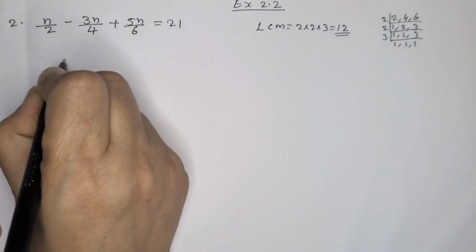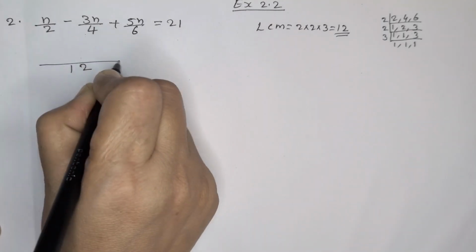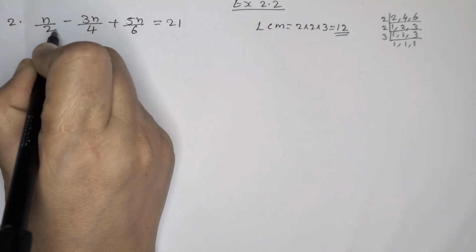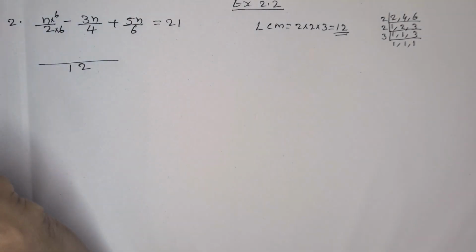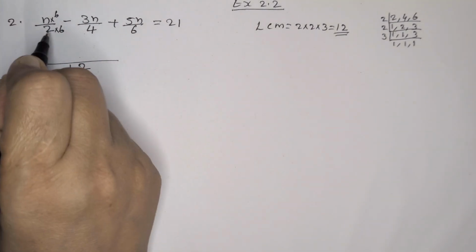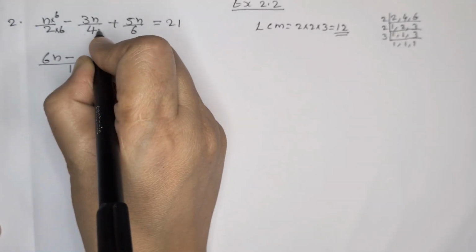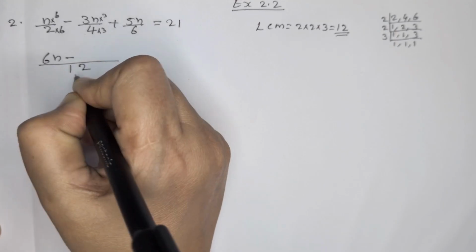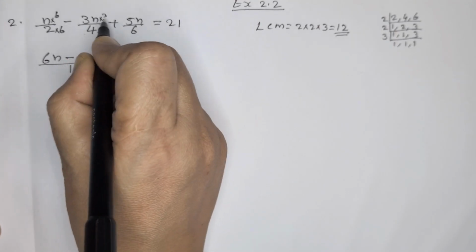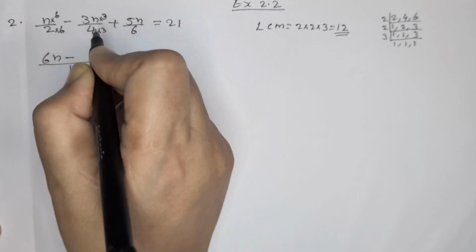Now all the variables are on the left side. So 12 was the LCM. And n by 2, 2 into 6, we have to multiply with the 6 to make it 12. So 6n minus 3n by 4, we have to multiply by 3. Then denominator will become the 12. Numerator, when you are multiplying by 3, it will become 9n.